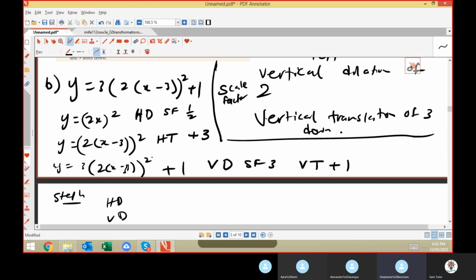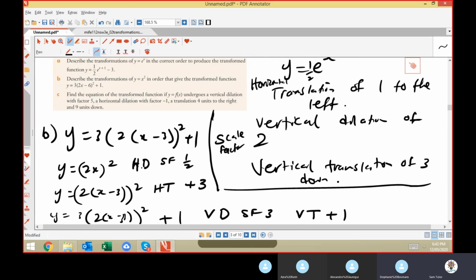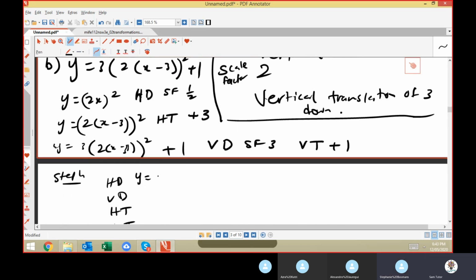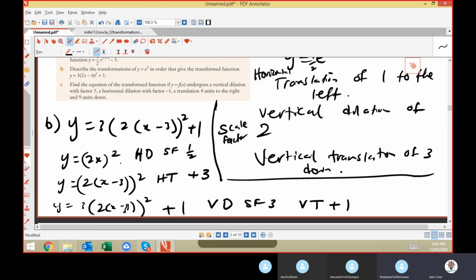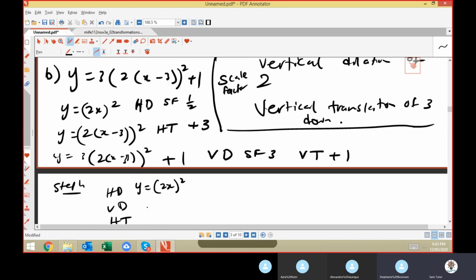scale factor half. So you would have had y equals x squared, which means now horizontal, attached to your x's. So it would look like this. And then vertical dilation, times by 3. Okay, so like this.